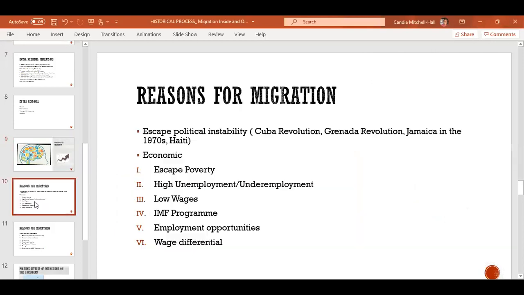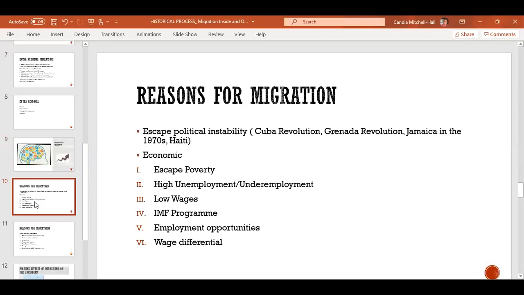And so my list here I separate into two or three categories. One of the reasons Caribbean people migrate is to escape political instability within a country.